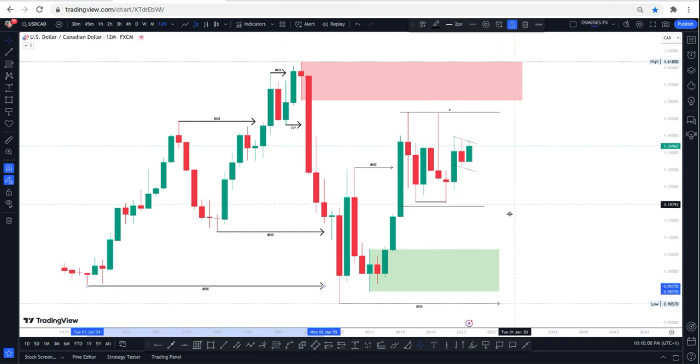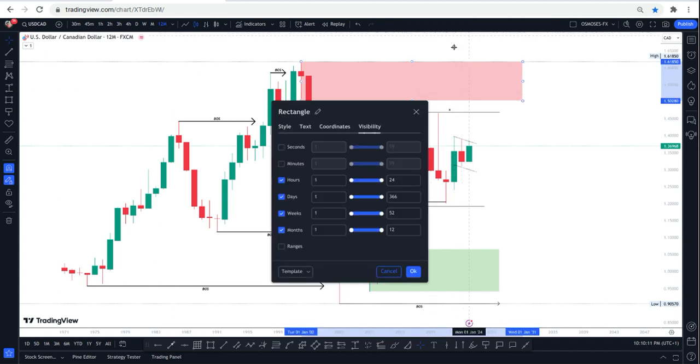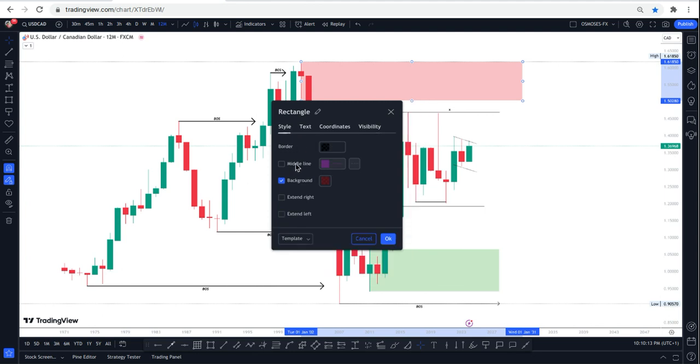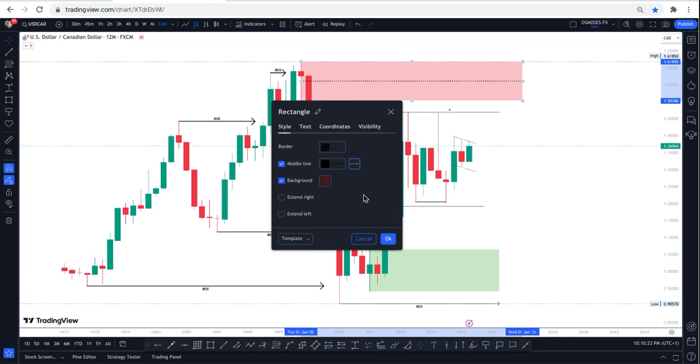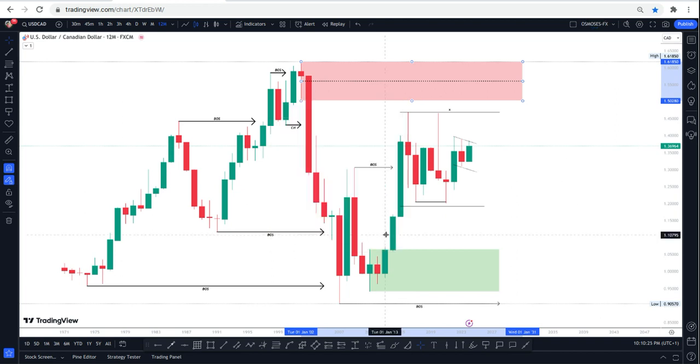So we're currently bearish though, but we need to come back into the zone. Sometimes I like to see the midpoints of the zone. I like to see the midpoints and like it a bit thicker. Yeah, I like it like this. So that's the midpoints of that zone.